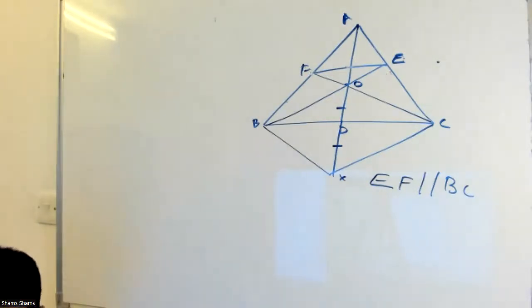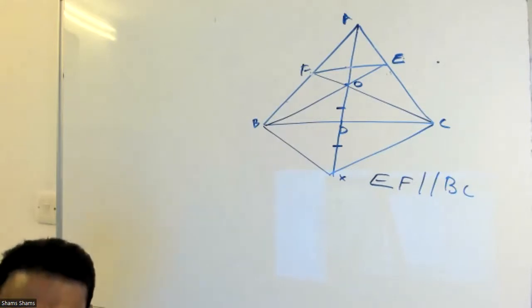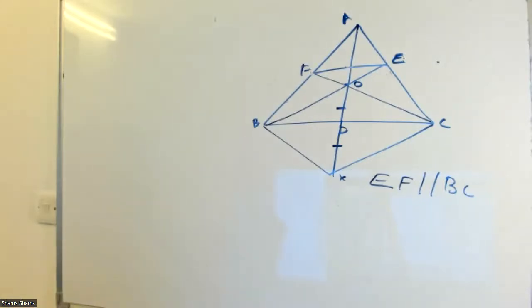Come on. Karishma, Prida, is it because OF is an extension of OC and OC is parallel to BX? Wait, OC parallel to BX, why? I agree with you, it's an extension of OC and OC is parallel to BX.